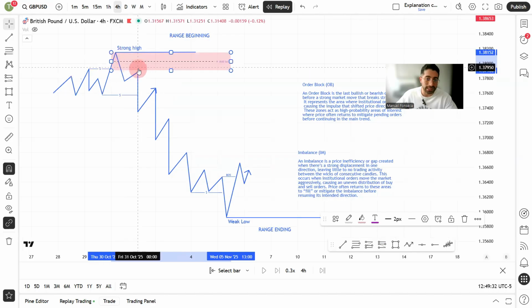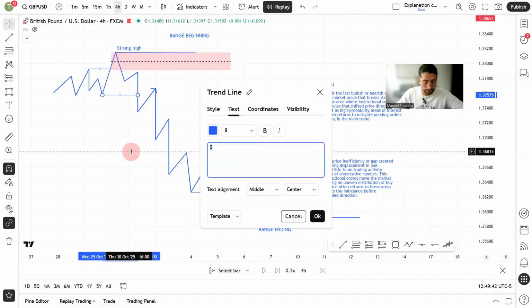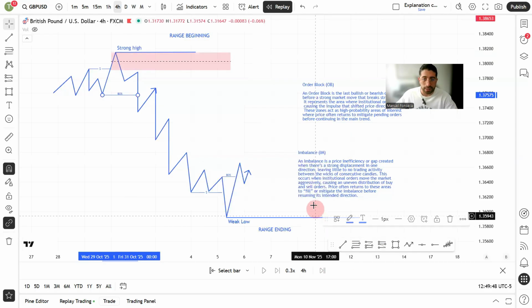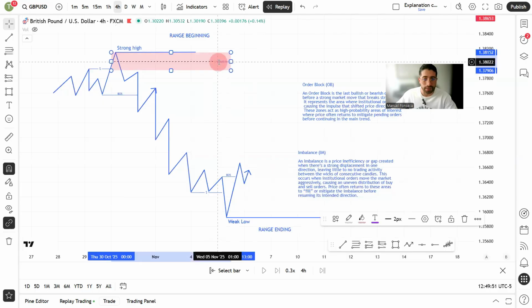And then, as portrayed in this example, the price will go to this and mitigate pending orders and will go pushing down, and they will make a break of structure right here, right?